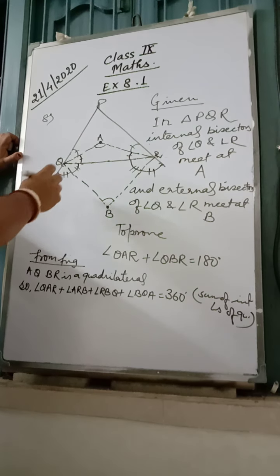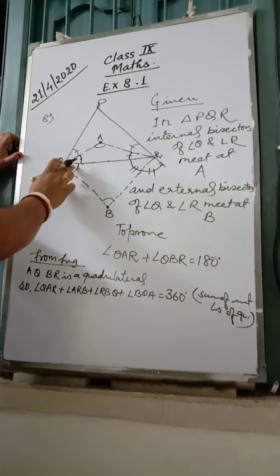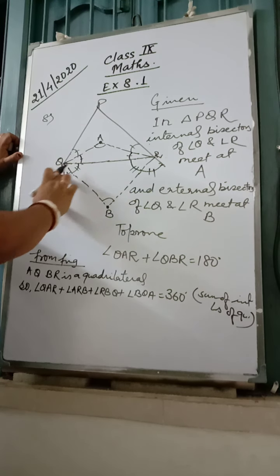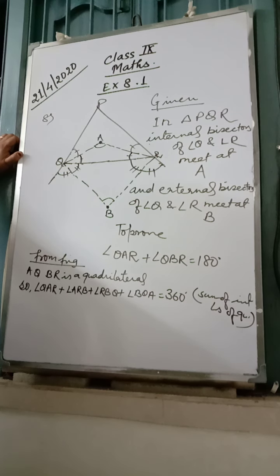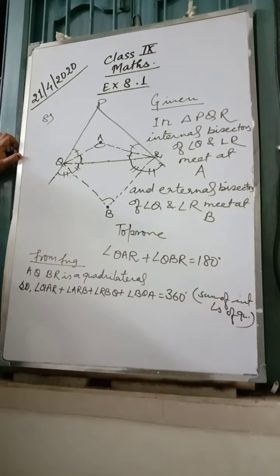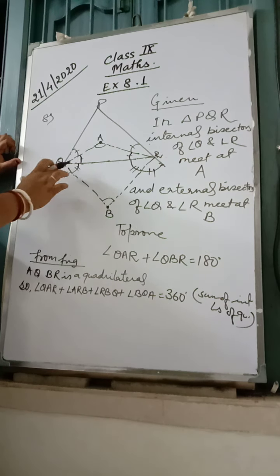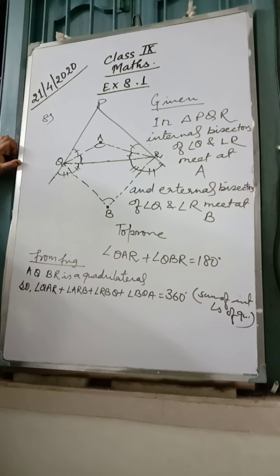Now you just see this angle full is, we know it is 180 degree. At the vertex it is 180 degree. So half of it will be 90 degree. Is it?